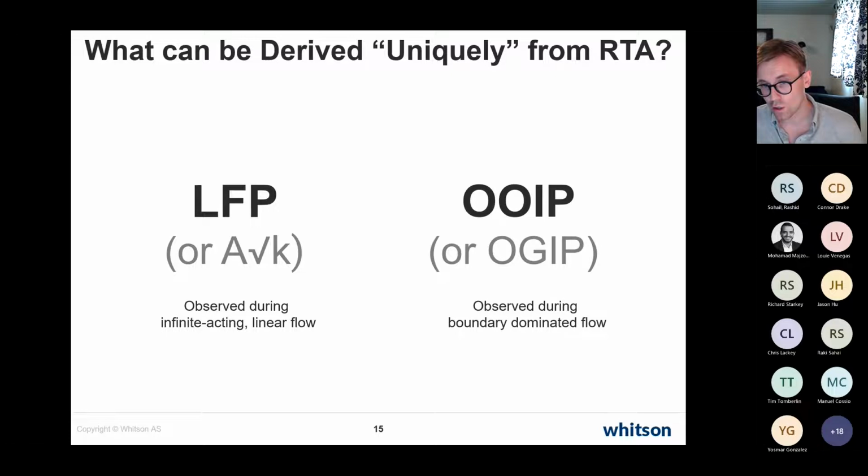And the oil in place can only be observed during boundary dominated flow, which means that if you have a system that goes straight into transitional flow, straight into boundary dominated flow, your LFP is tricky to quantify. And the same goes the other way around. If you're still in infinite acting or even transitional flow, you can't say with certainty what your oil in place or gas in place is.